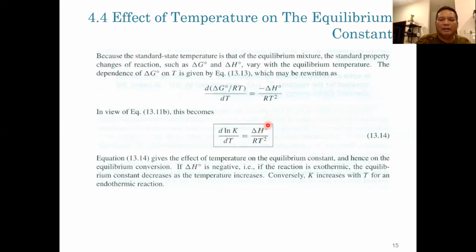When the temperature increases, this is positive, but in the ln, this becomes very small, so K should increase. Remember the ln K graph, like this, this is the y-axis: the smaller the value, the bigger K is, so it goes this way.